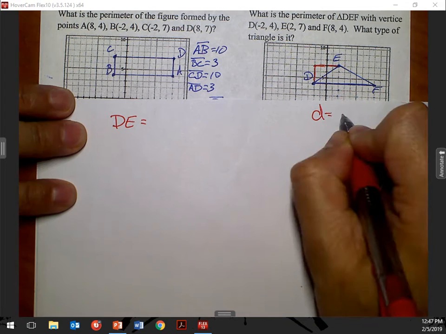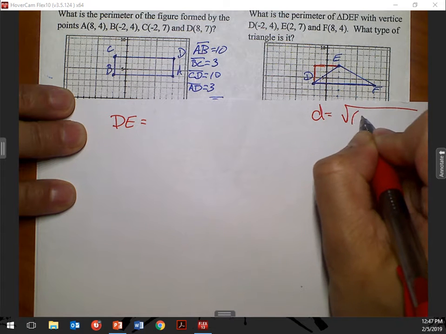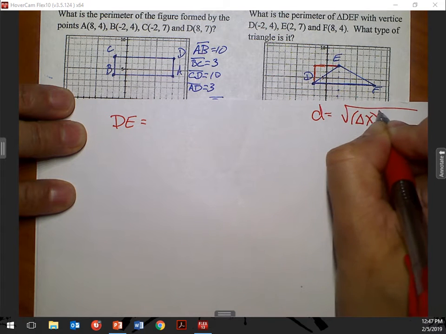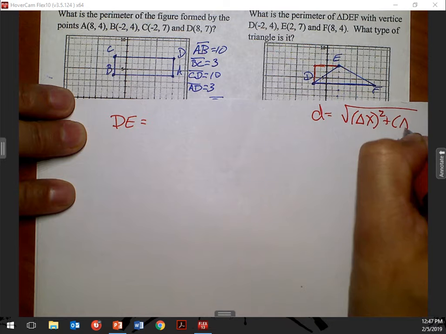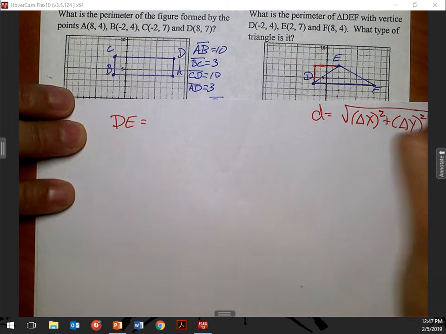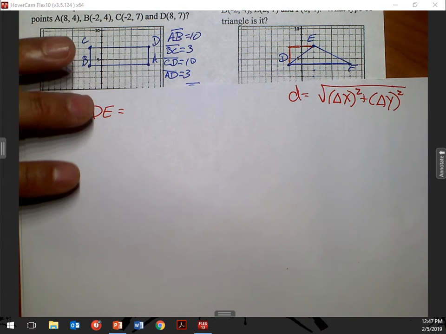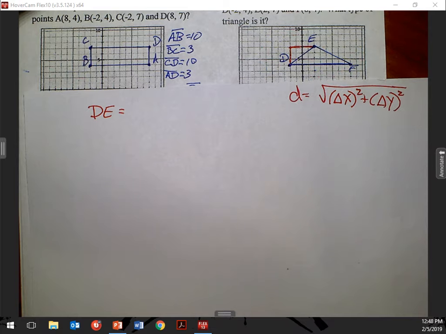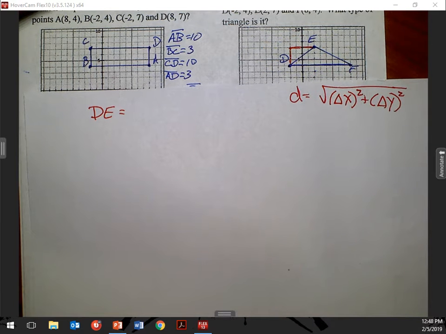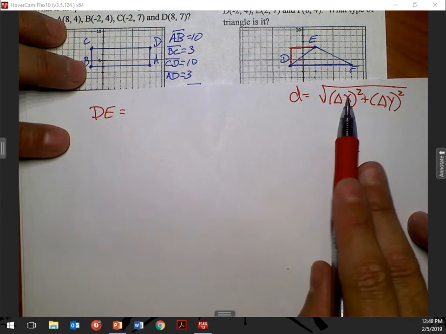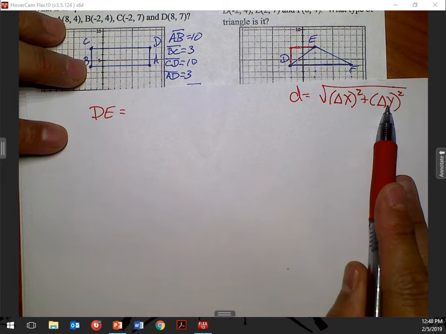D is equal to the square root of delta x squared plus delta y squared, where delta is the change, how far they're apart in the x direction, how far they're apart in the y direction.